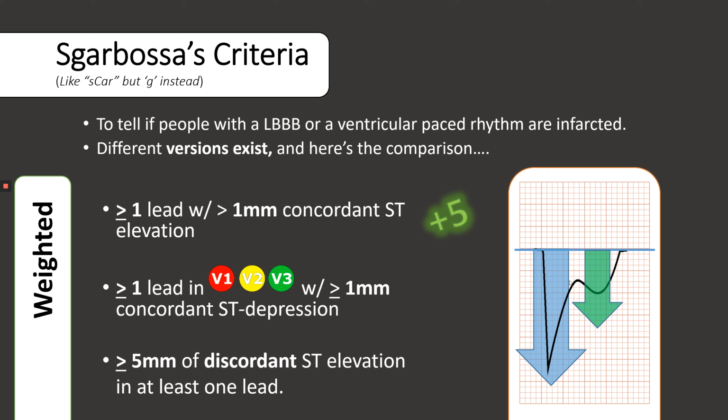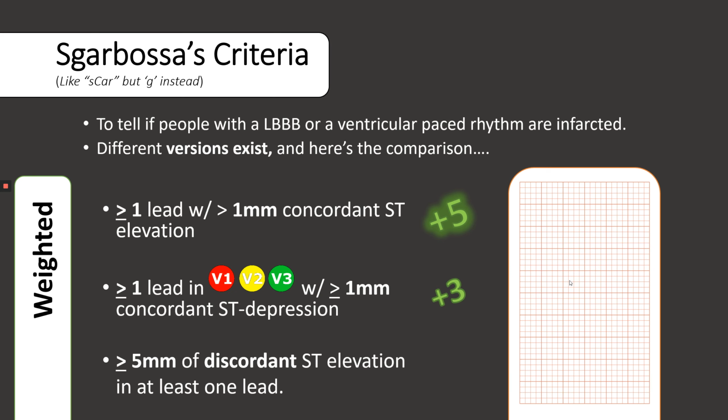And it is depressed. So ST depression right there, greater than one tiny block, obviously, in this particular case. Should you have this in V1, 2, or 3, you get yourself 3 points. So you still win, right? According to this criteria, it says that they are likely having a STEMI.